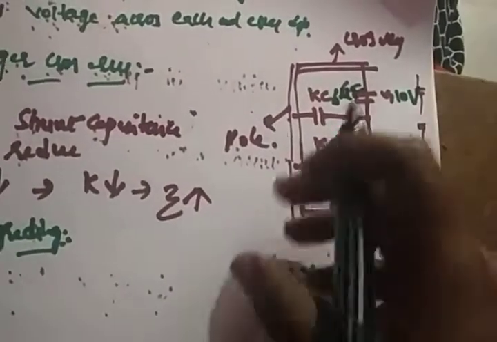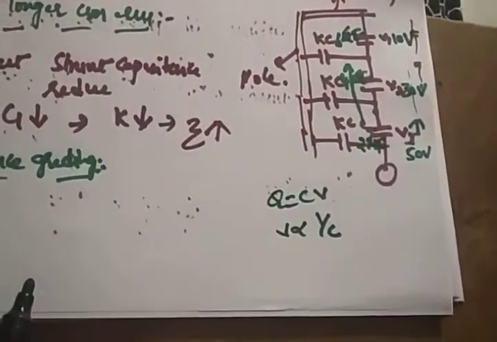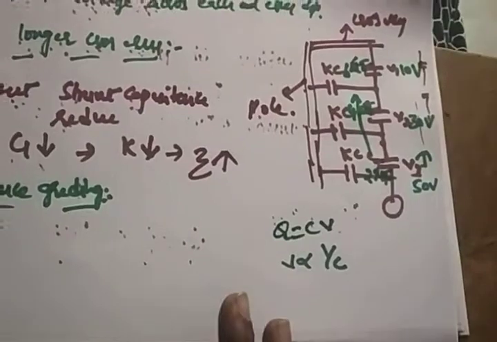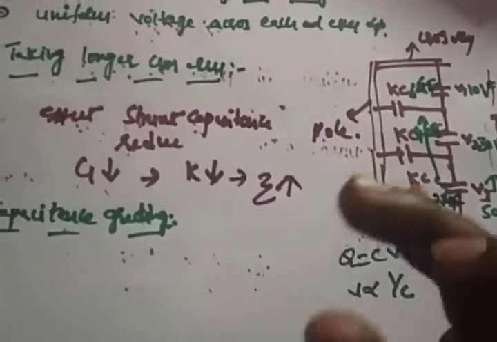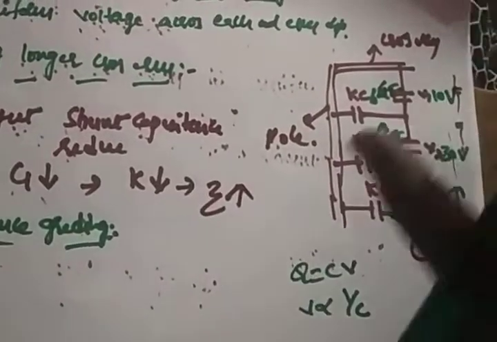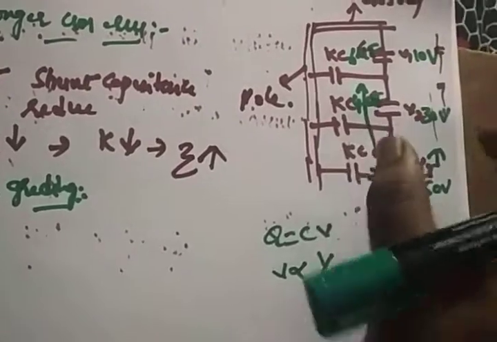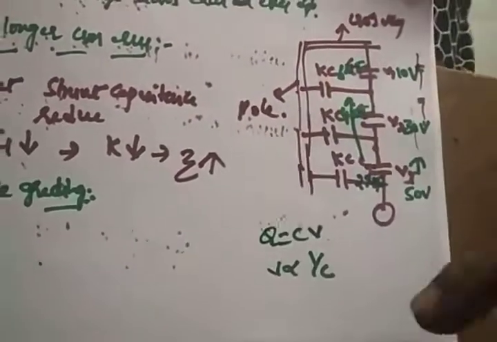Like this, you choose discs of different capacitance values. So it's a very good method. Capacitance grading means different values of capacitance that you are going to take. If you take these different capacitances, you can maintain the voltage uniformly.